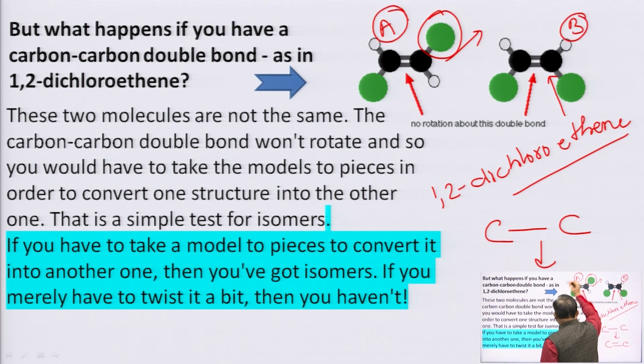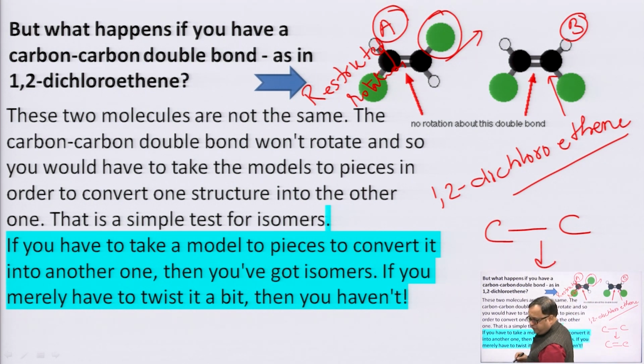In the previous example, it was not required. That was done beautifully just by rotating the structure. So, if I am not able to convert one structure into another simply by rotating, that means I have restricted the rotation, and this is called restricted rotation.